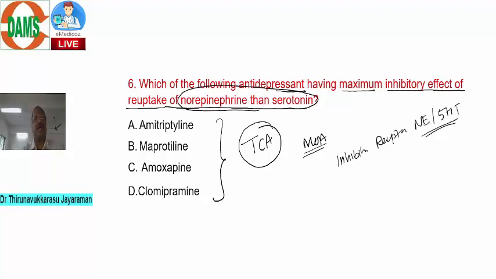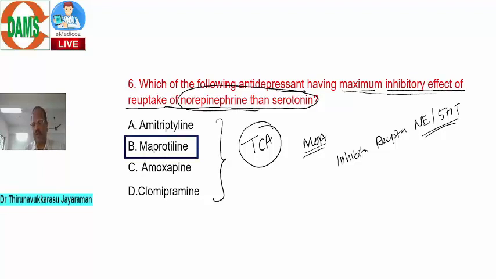But here the question is, among the given options, which drug has maximum inhibitory effect on reuptake of norepinephrine than serotonin? The answer is option B, maprotiline.